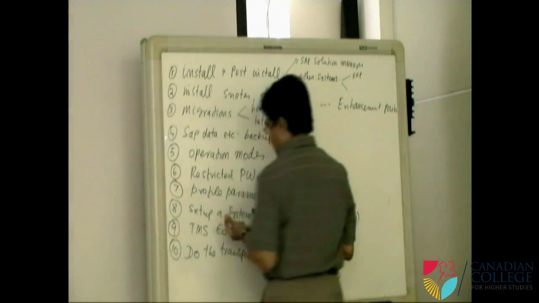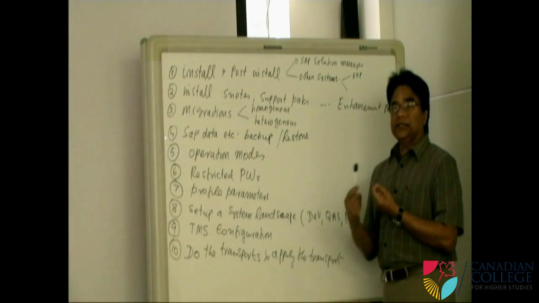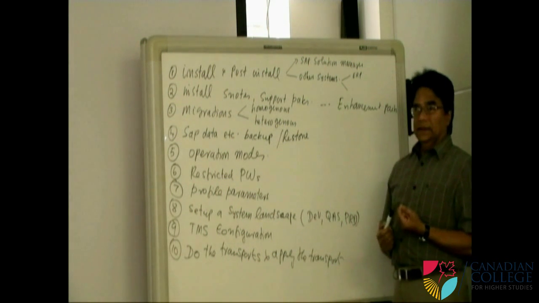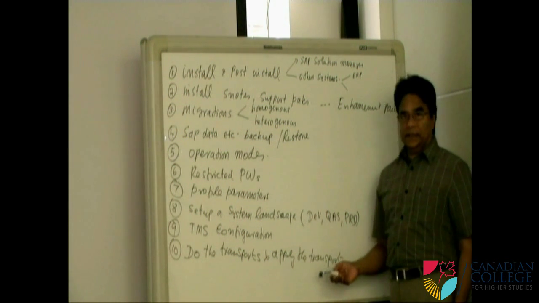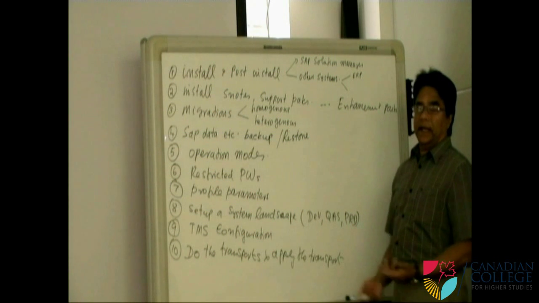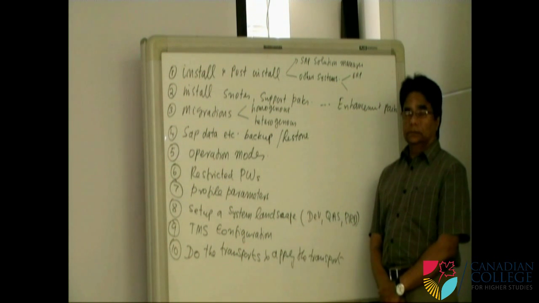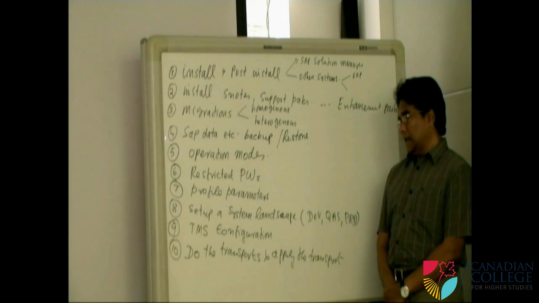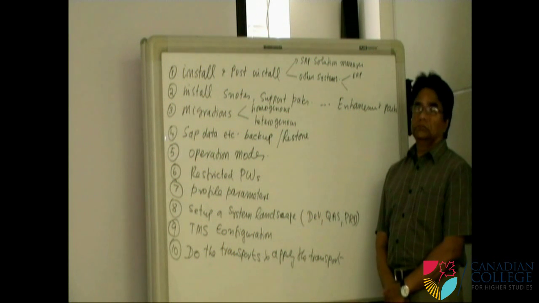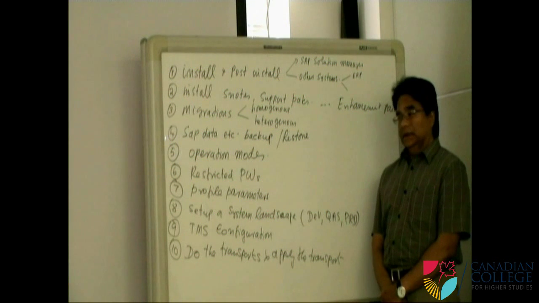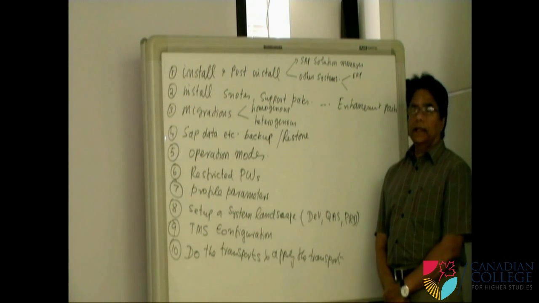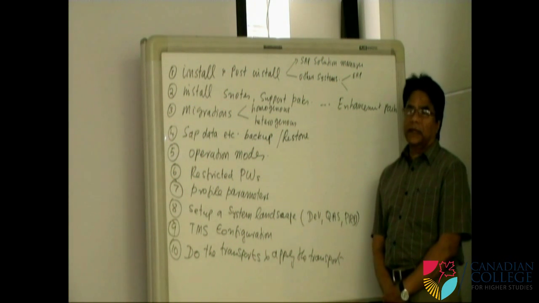Whenever they make changes in the development system, they create change requests. So the change request has to be transported and applied, right? I have to move from quality to production. The basis guy has to do that. Development to quality, IT support people can do, IT operator can do, right?